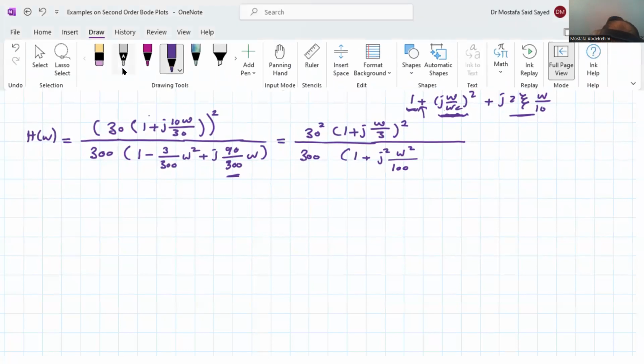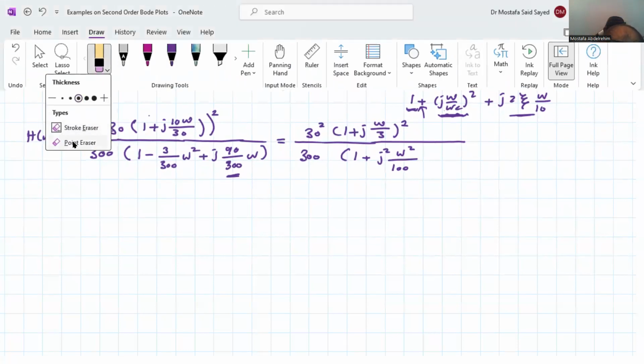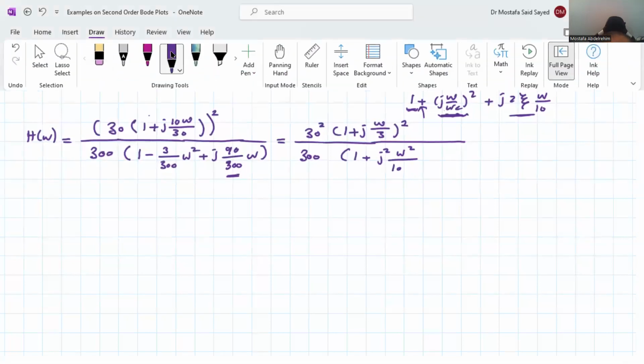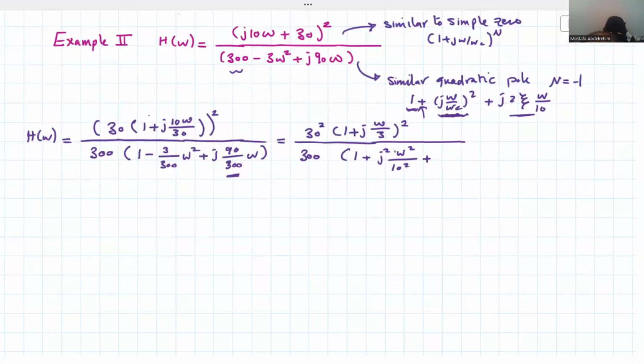So we can have here 10 to the power of 2. Plus j 90 over 300. 90 over 300 is basically 3 over 10, so 3 omega over 10. Just to make the simplification yourself, it's going to be like that.